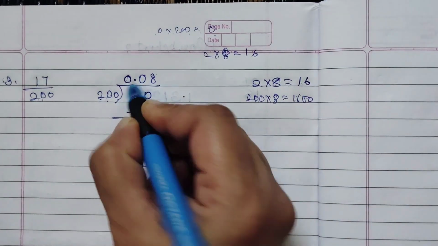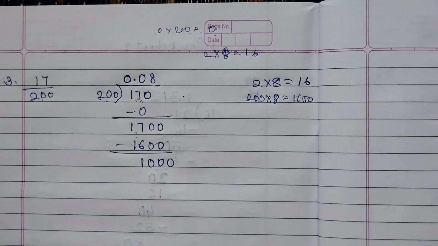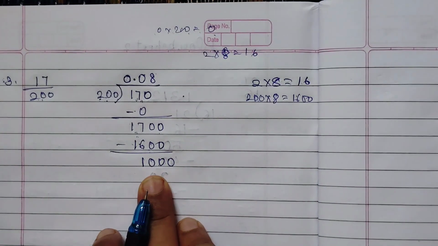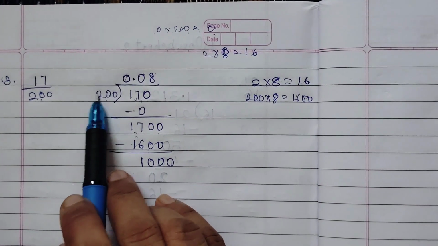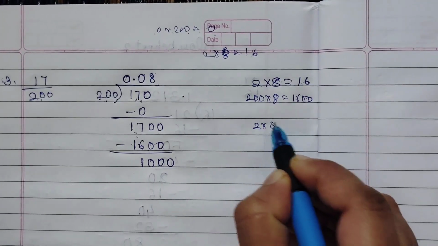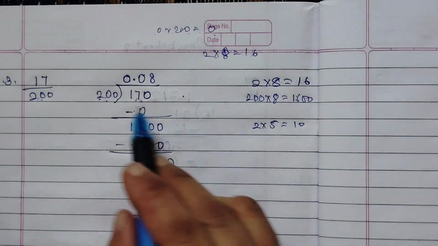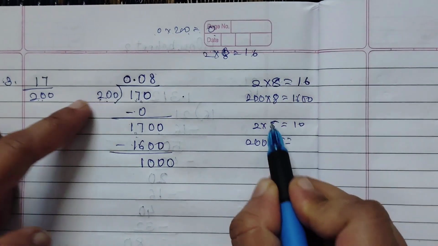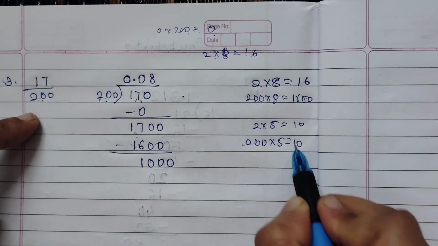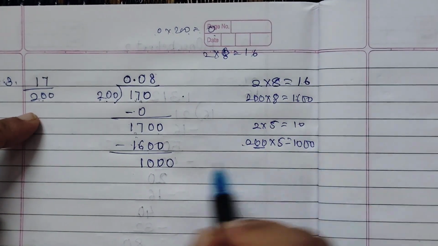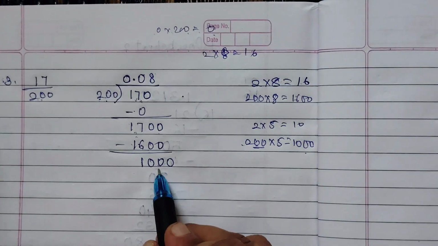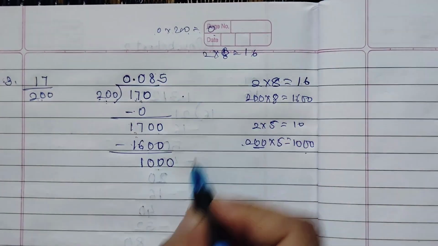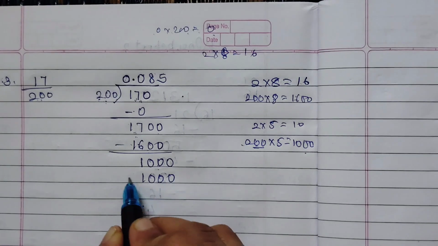Now the decimal point is already given, so we get one more 0 over here, so we get 1000. Now in the table of 2, 2 5s are 10, right? So again we do 200 into 5. 2 5s are 10, and these 2 zeros give 1000. So here 1000 is there. 200 into 5 is 1000.